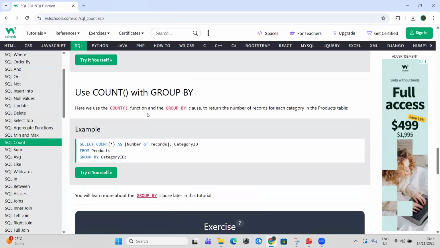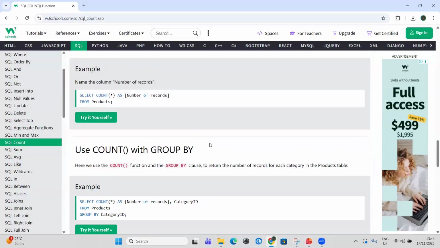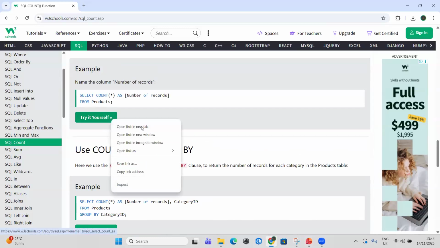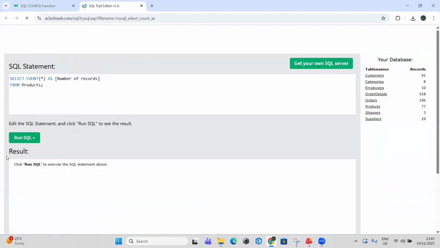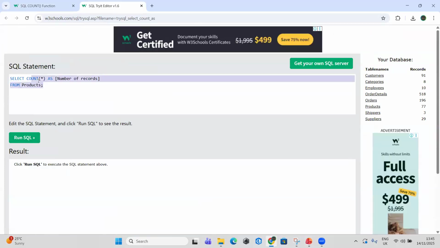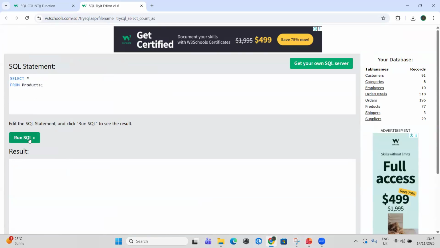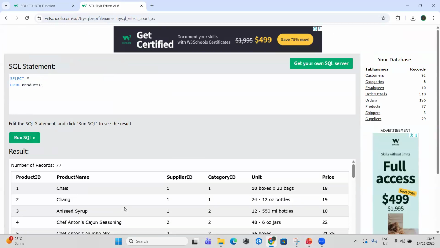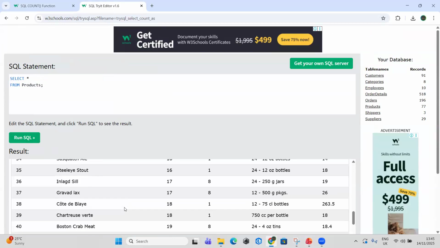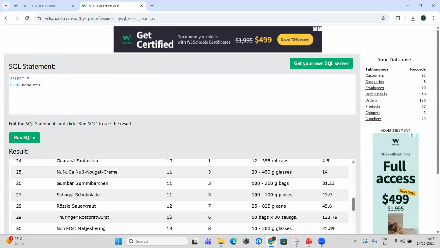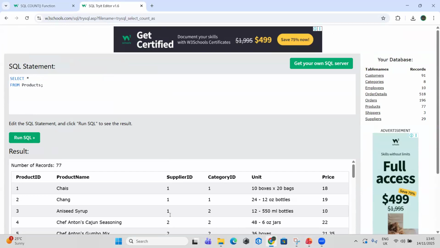Like count the group by. Okay, try one thing. Okay, there is supplier ID. So do you have a paper or text?